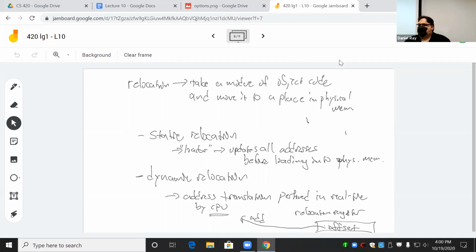And if we have to do that translation on every load, and we are loading and unloading programs multiple times before they finish, then that could be an argument for, instead, let's just design our hardware to do dynamic relocation, because we are unnecessarily translating instructions multiple times if we do static relocation under those circumstances.